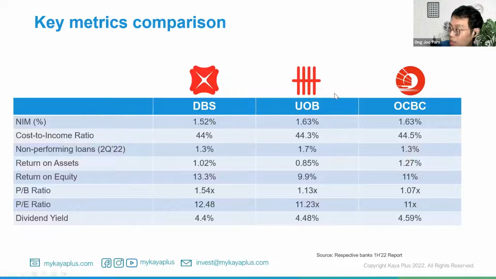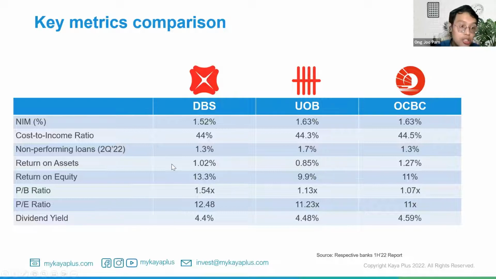So all three banks are around 44%. Non-performing loans, right? We do not want the bank to give out loans to unscrupulous parties and then affect the so-called delinquency issues that the banks may face. So there is also a KPI to monitor that, which will be the non-performing loans. So all three banks are below 2%, 1.7% for UOB, slightly higher, but not a huge concern.